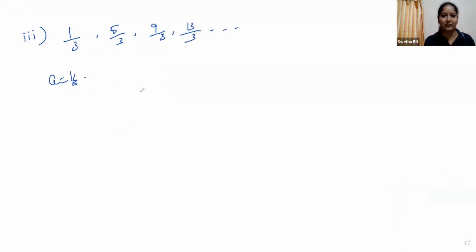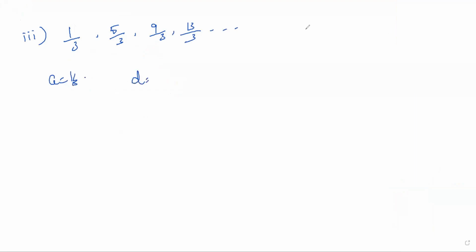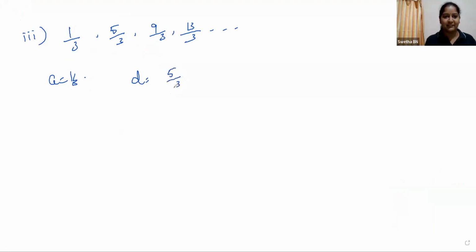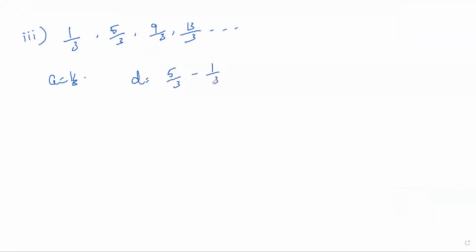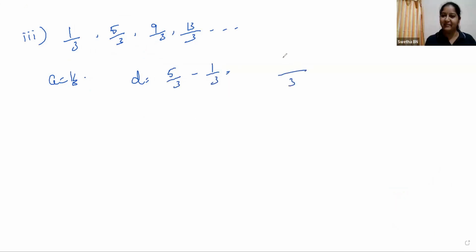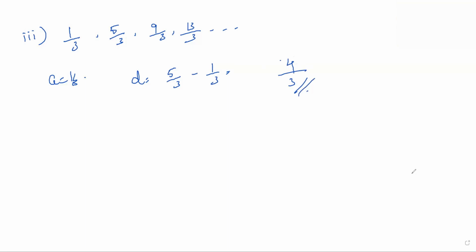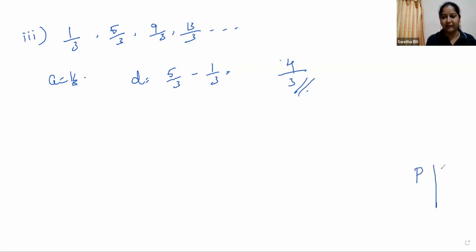You will write directly. What is D here? Ma'am, 4 by 3. Yes, the denominators are the same, so you can write directly 5 minus 1 is 4. Very good. Shreya, are you getting it? Yes, ma'am. Okay, tell me the answers. Okay, for Panchami, I will give 1 point.